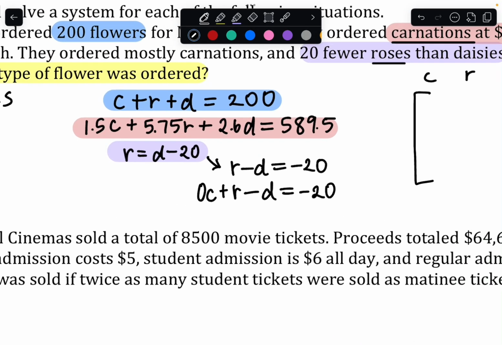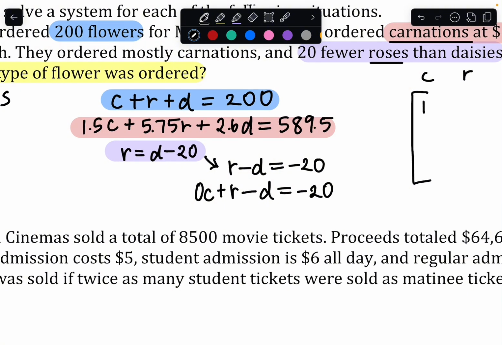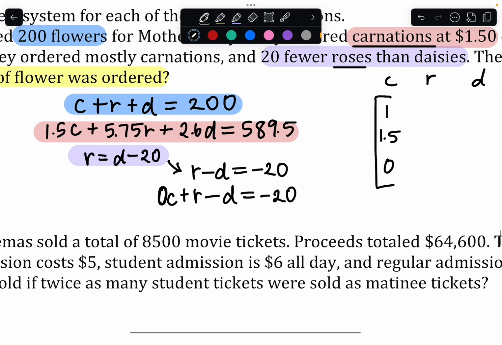Looking at the C's, I have 1, 1.5, and then 0 from the last equation. For the R column, I have 1, 5.75, and then 1 from the last equation.